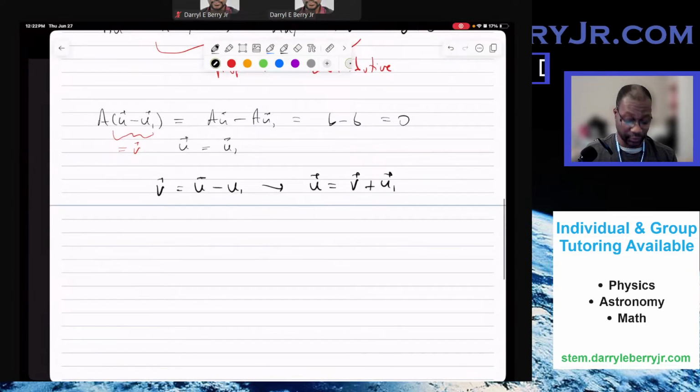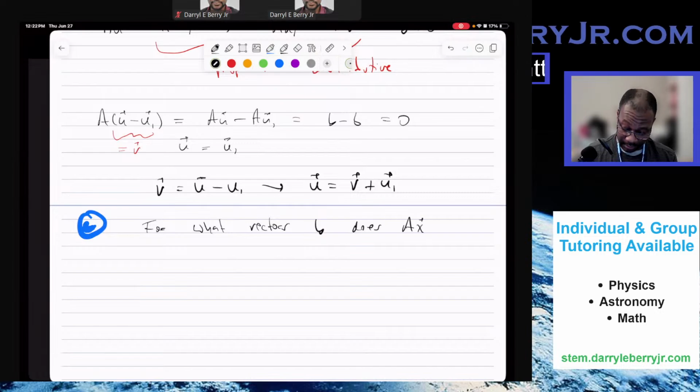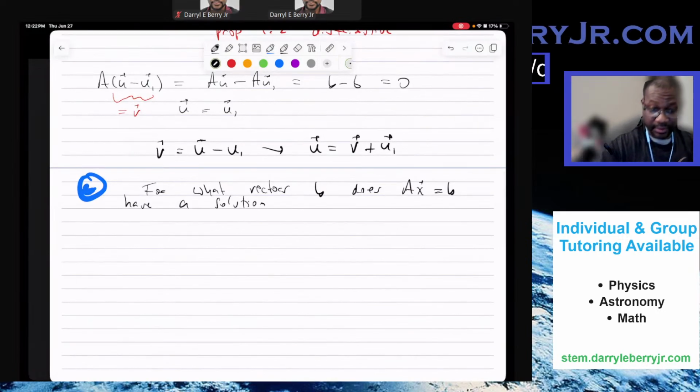So now we have 2. For what vectors B does AX equal B have a solution?